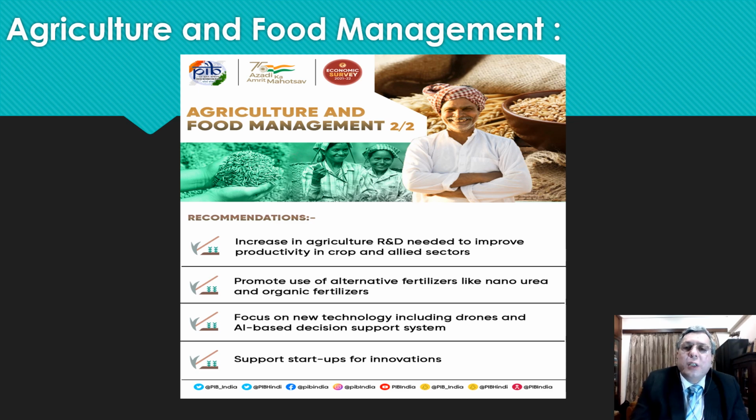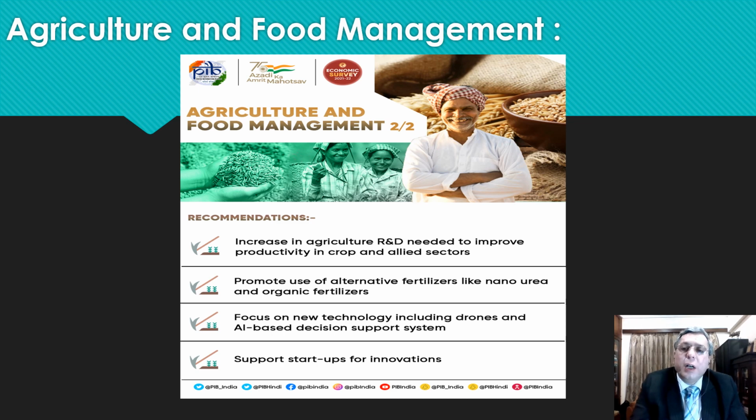Increase in agriculture R&D, so a lot of research, use of alternative fertilizers like nano urea and organic fertilizers, natural farming and organic farming is being encouraged. Focus on new technology, including drones.